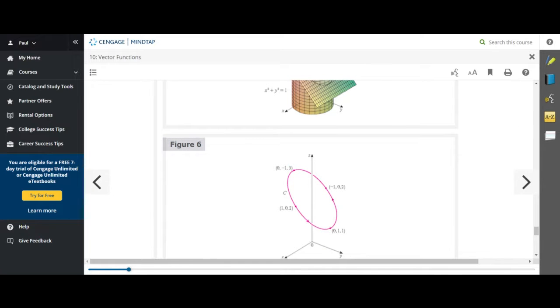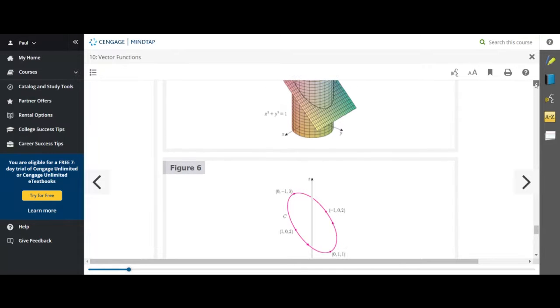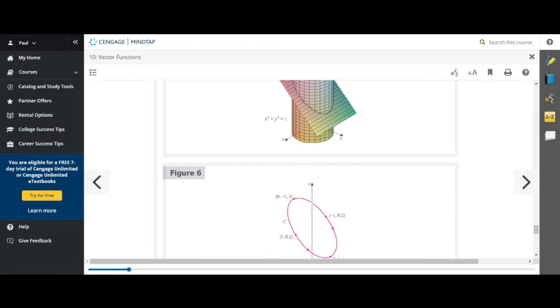Let me bring this up a little bit. You see you have a plane intersecting a cylinder. It creates a space curve. Does the space curve actually lie on both the plane and the cylinder?